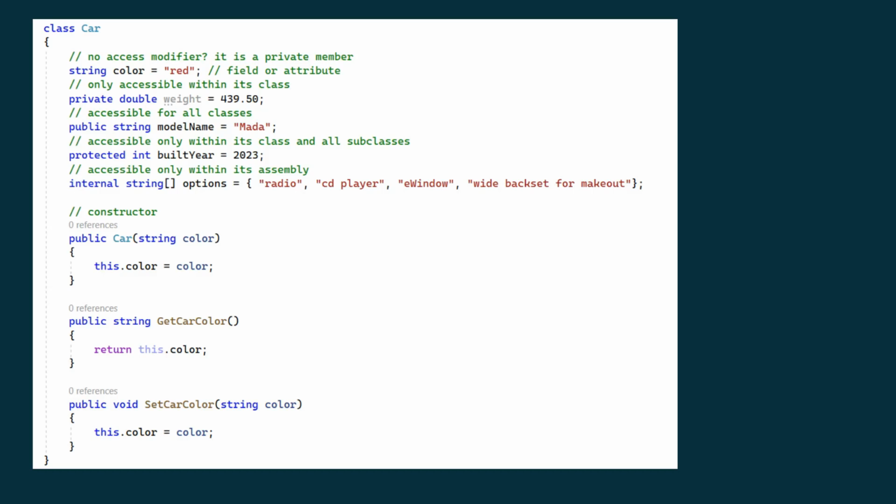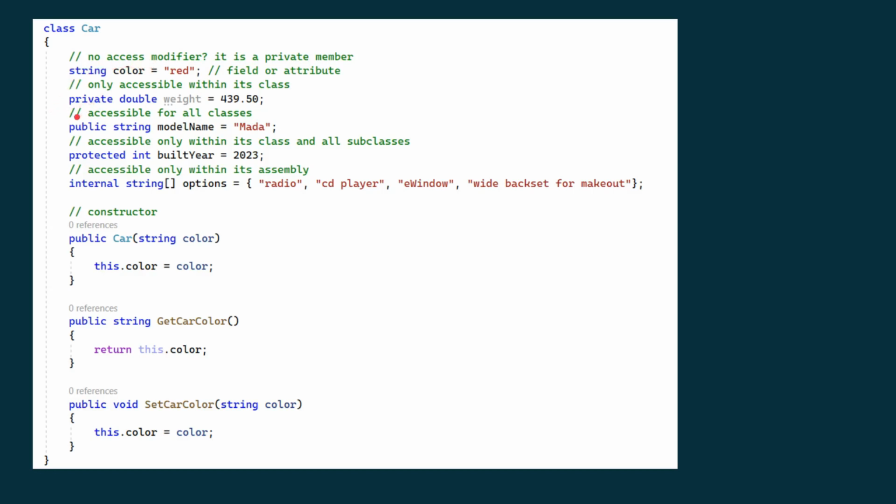Access modifiers are used for security to keep some data hidden from the user. If there is no access modifier for a field or a method or a property, then that field, method or property is private. No access modifier, it is a private member.